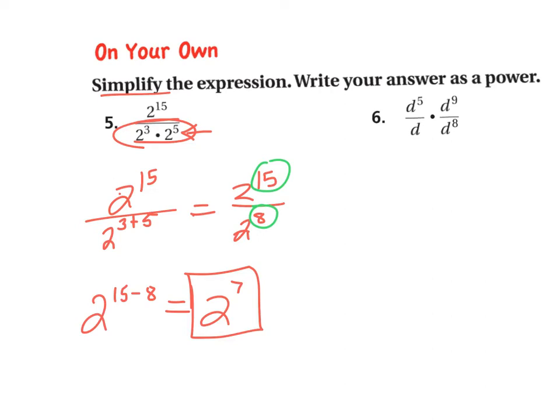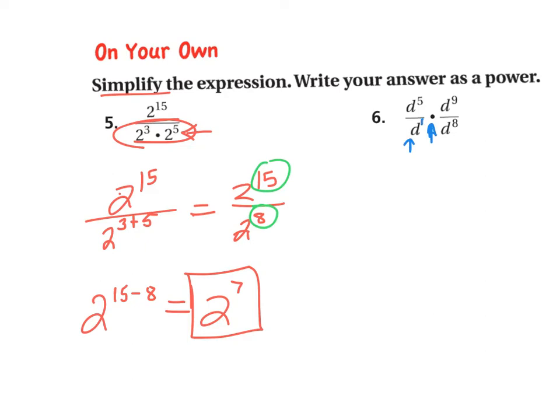Again, simplifying, we have all the same bases, so that's good. You see we have the giant multiplication symbol in the middle, so we're going to do the division on both of these first and then multiply. Remember, when you have a base by itself, it's actually to the power of 1.